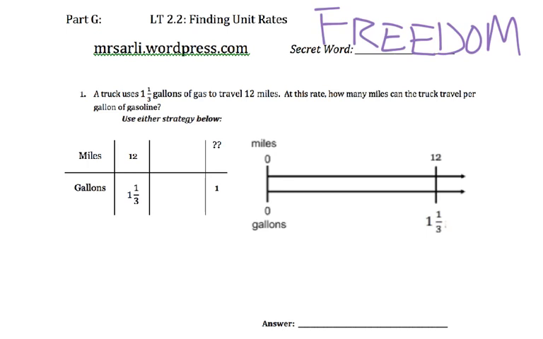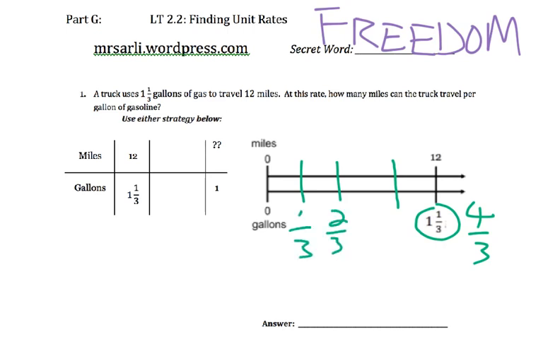So one way to do it would be to say, okay, 1 1/3, I'm going to change that into an improper fraction, which is 4/3. And then I'm going to split up this double number line so that it goes by thirds. 1/3, 2/3, again, writing with my finger, apologies, 3/3, which is the same as a whole, and 4/3.